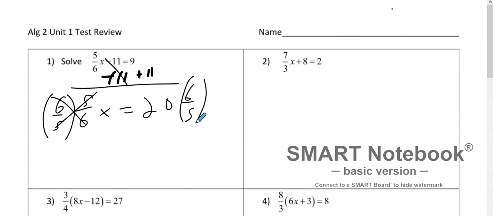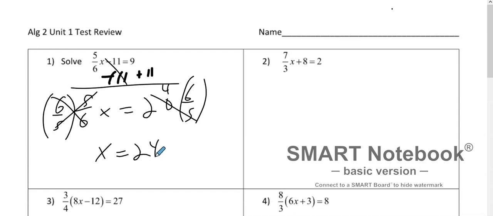You do 6 times 20 and then divide by 5. Or, keep the number smaller: 5 goes into 20 4 times, and 4 times 6 is 24. Again, if you're using the calculator to verify your work, 6 times 20 divided by 5, not a big deal. But whichever way you're most comfortable with, go ahead.